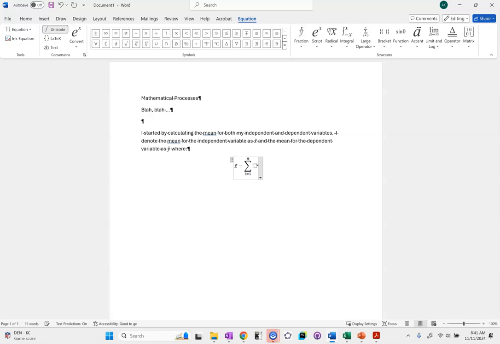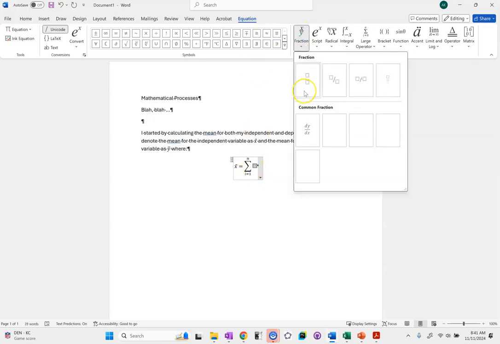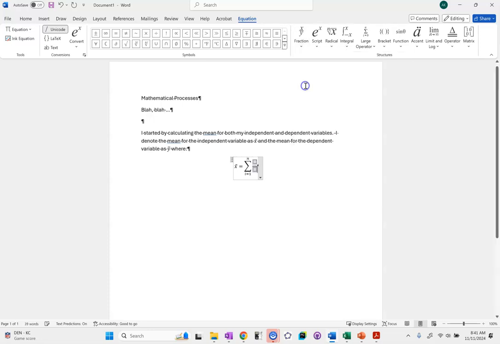My upper bound is n. So I just use my arrows to move around. And then inside the sum, I want the fraction. So I'm going to pick the first one, the vertical fraction. The denominator is n.